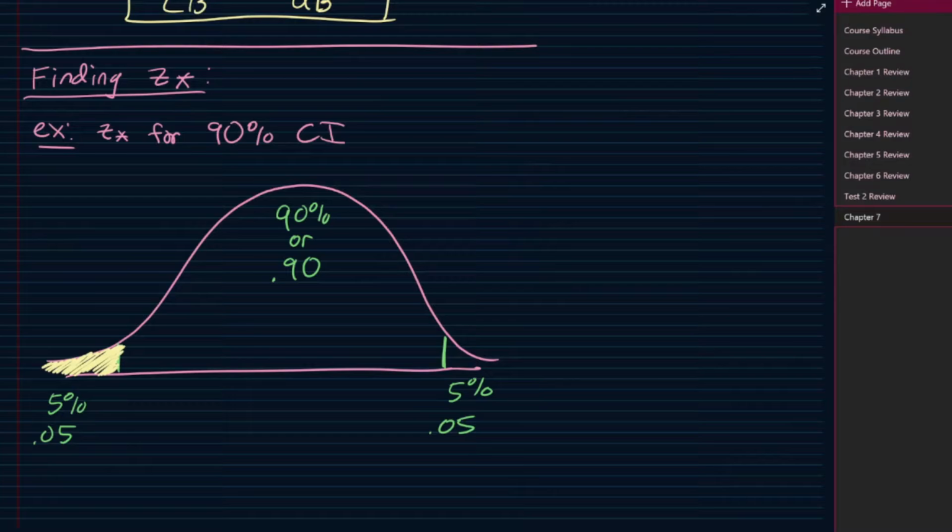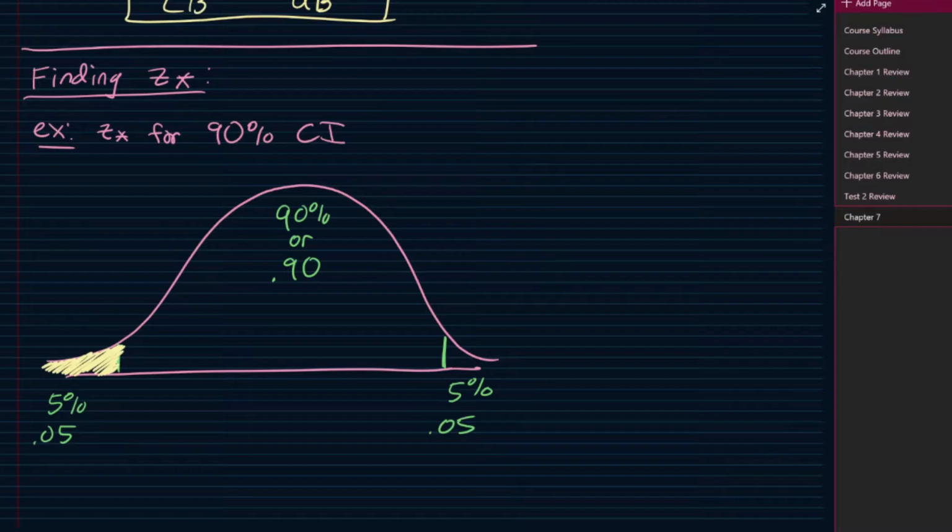We want to find what z-score produces an area to the left of it being 0.05. So we look for the closest z-score to an area of 0.05, and that will give us this one. And the one on the right is just the positive of that z-value, right? Since z-values are symmetric, the positive is the right half, the negatives are the left half. If we find a negative z-score on the left half that has 0.05 to the left of it, the z-score on the right with 0.05 to the right of it will be that same value, but the plus version of it.